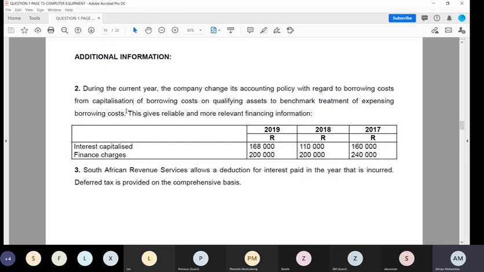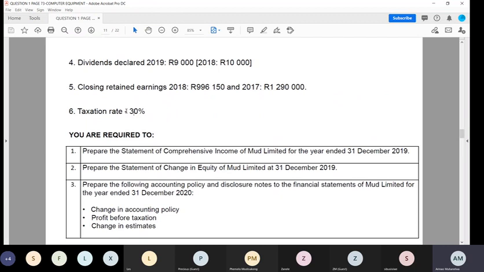Then they gave us information about the dividends and closing retained earnings for 2018 and 2017. Like I said in the previous class, know how to calculate retained earnings.